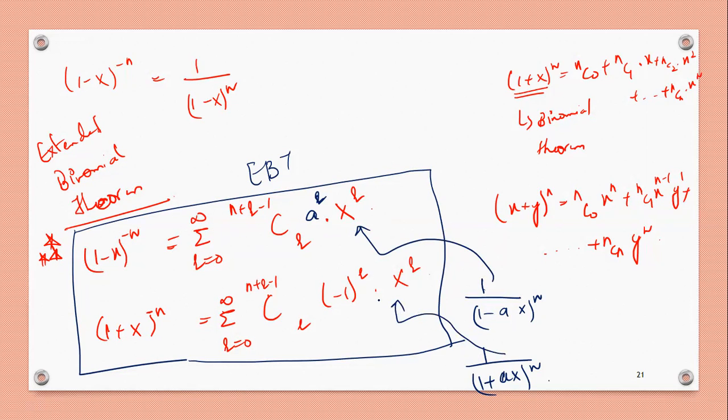Similarly, for this, I will take, instead of minus 1, I will take simply minus a. Or you can take minus 1 power r into a power r. But directly it is better to take minus a power r. So for these two, this is the formula, and the earlier ones that I did not mention a is the formula for 1 minus x and 1 plus x. Okay, don't get confused. Make sure you have written this formula first, and then again add a in the already existing formula, and then you will get the following formulas.